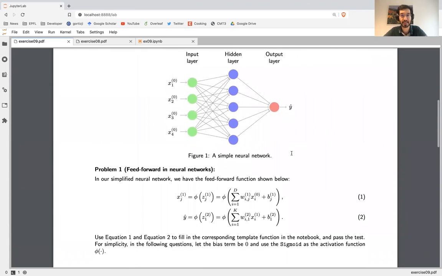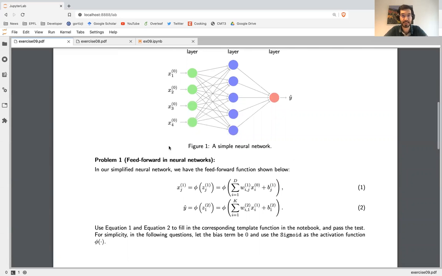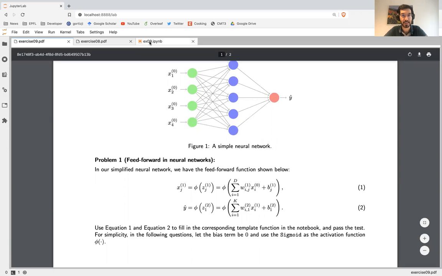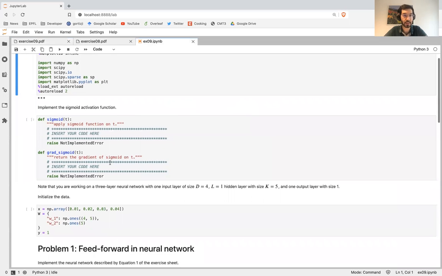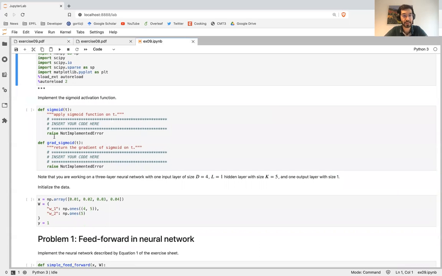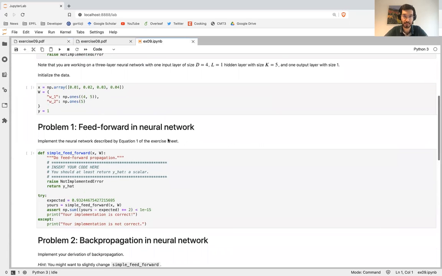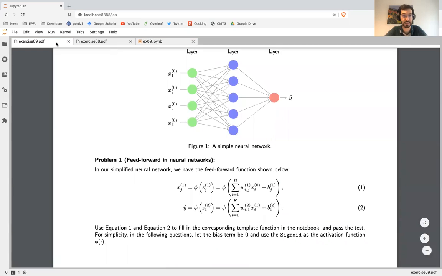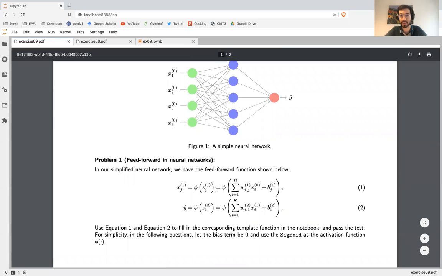In the first exercise, what we ask you to do is simply follow the computations in this network to get this y hat. The first exercise consists of using NumPy, so no PyTorch this time, to implement the feed-forward pass of this neural network. This is basically just rewriting these equations in NumPy.